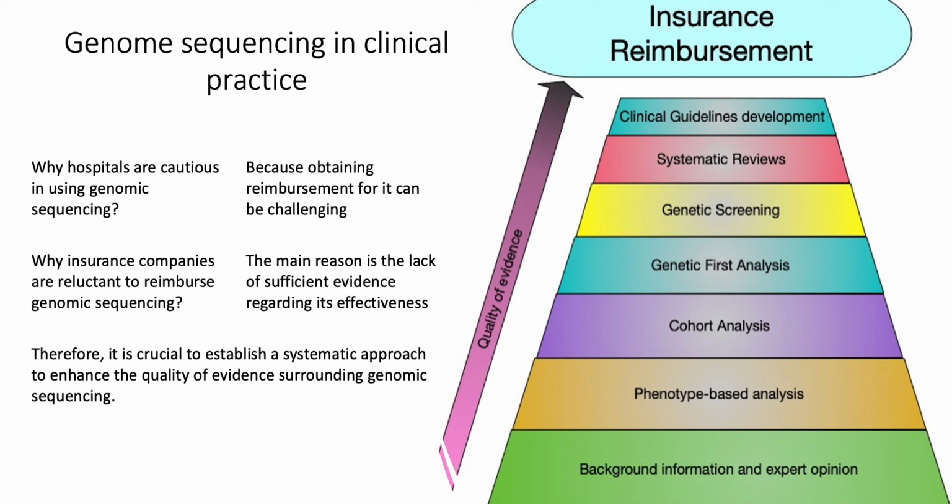By leveraging DSL, we can tackle the absence of a unified classification system, increasing the chances of insurance coverage and facilitating the integration of genomic sequencing into routine clinical practice. And that's why I'm here today, and I'm thrilled to demonstrate some of the features of our DSL.